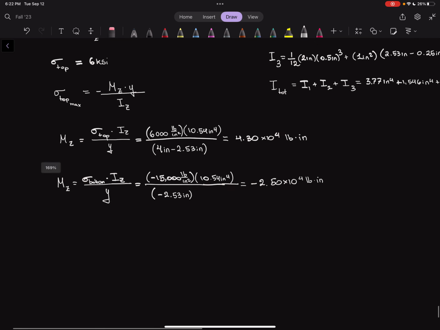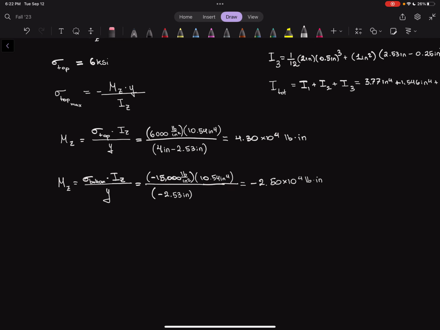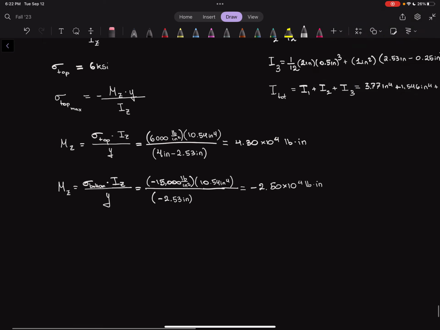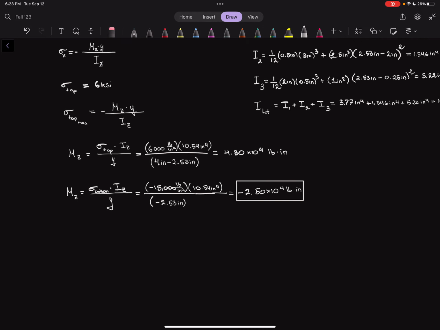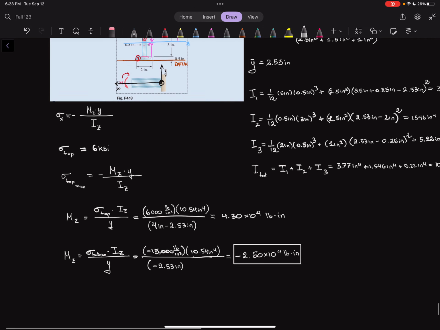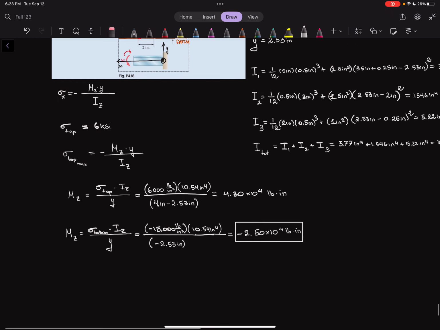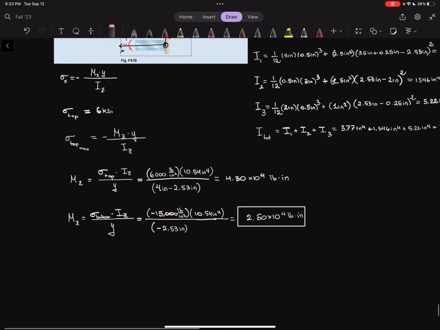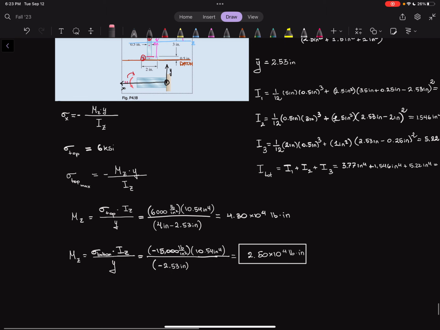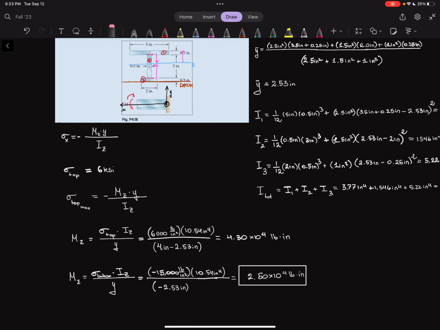And so this is the one with the smaller magnitude, so this should be the answer for both, because we want the one with the smaller magnitude. However, it's both in the same direction. I just want to make sure that sign thing doesn't confuse us.